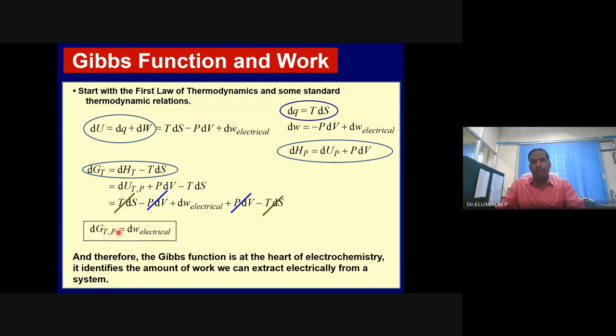Of course, free energy is very important to understand all other parameters, including electrochemistry. So please go through these things and try to understand them. What is important is Gibbs free energy: delta G is equal to delta H minus T delta S. You substitute dQ and dE. So finally you arrive that the change in free energy is related to the electrical work done.